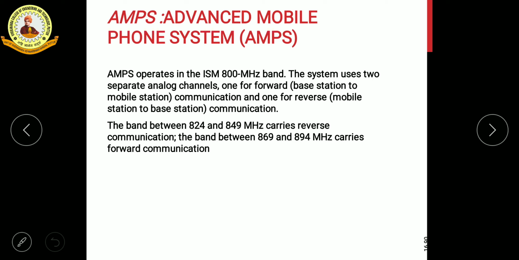The system uses two separate analog channels, one for forward and one for reverse. Forward transmission means from base station to mobile station, that is, from your antenna to your mobile. One more thing you have to note in the data communication subject: reverse transmission means from your mobile station to base station.